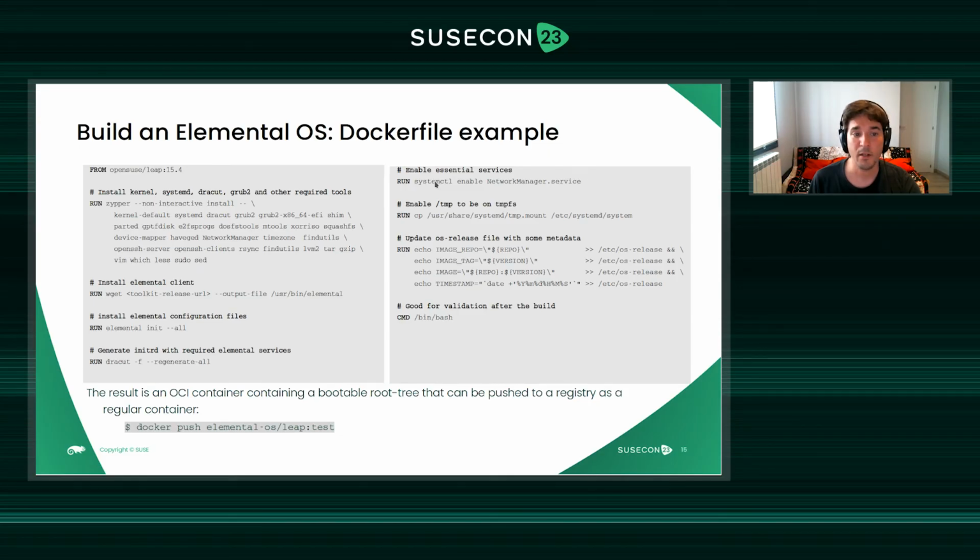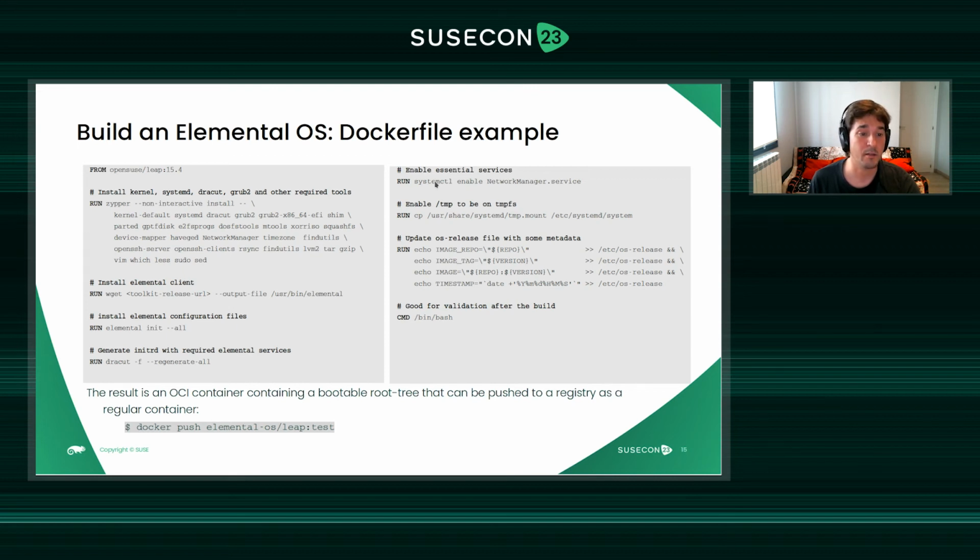And after that, we just include some metadata within the system. So we just expand the /etc/os-release file to include some metadata that can be used later in time to identify where the system is coming from. And finally, last but not least, in this container image, we also add a command.